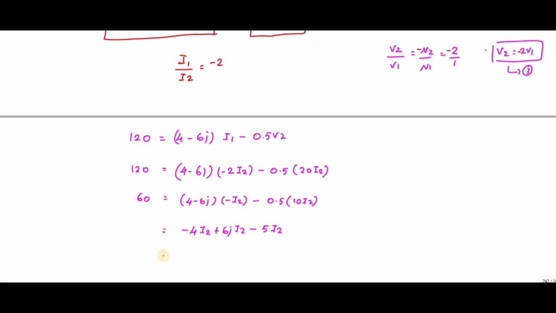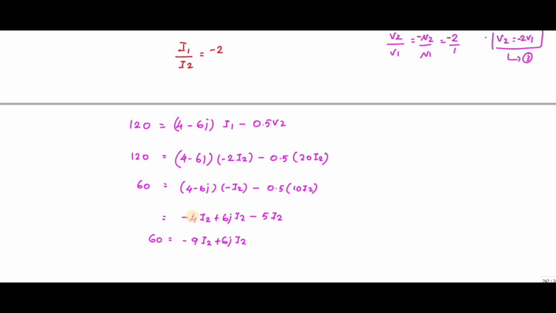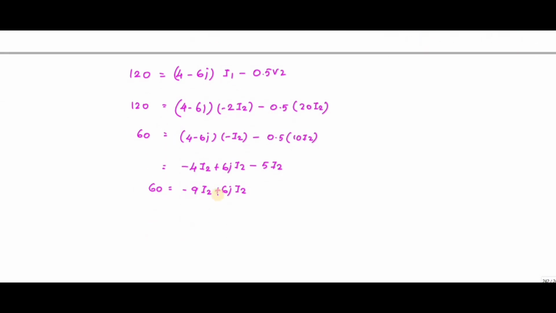So this is nothing but minus 9 I2 plus 6j I2, equal to 60. So what is my I2 now? I2 is equal to 60 divided by minus 9 plus 6j.